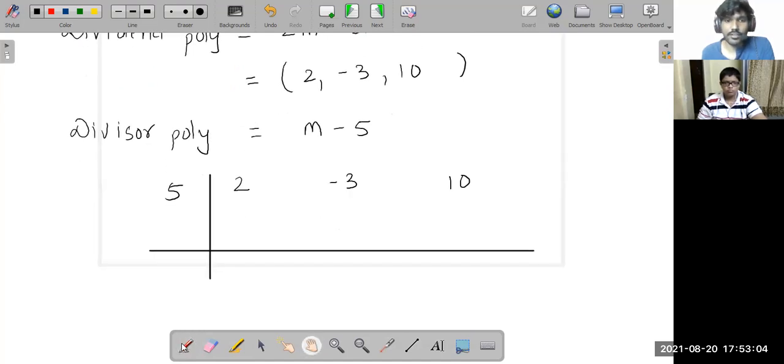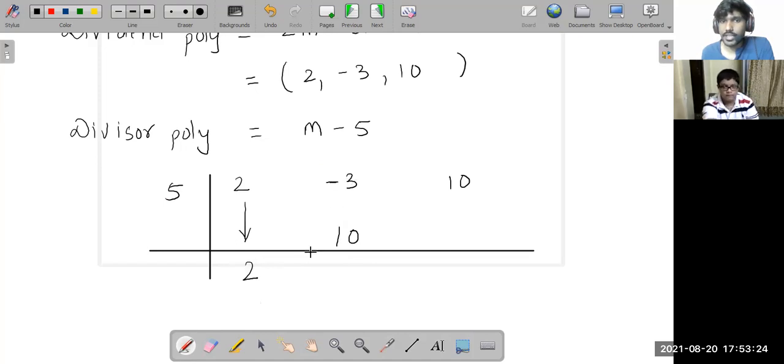Now what to do next? Take this 2 down as it is. So 2 here. Then you multiply 2 into 5 and write it here. So 2 into 5 is 10.